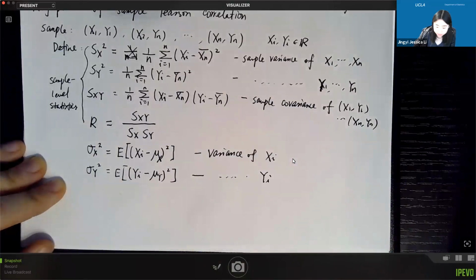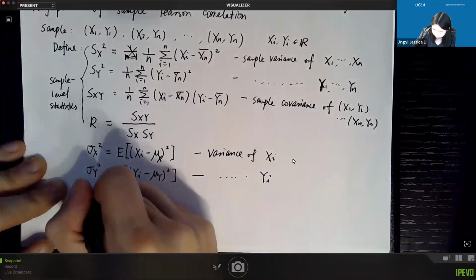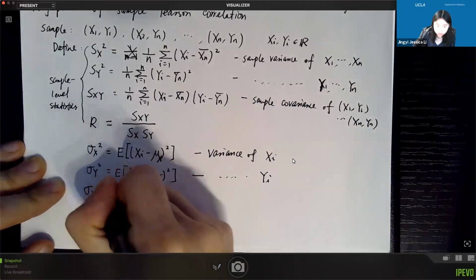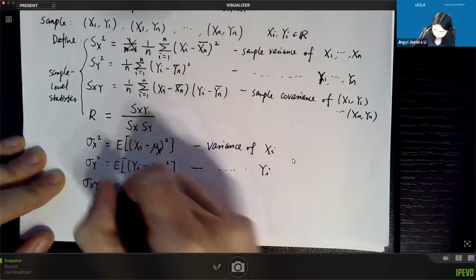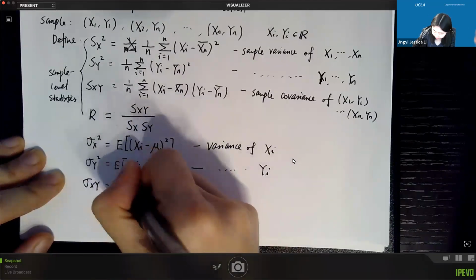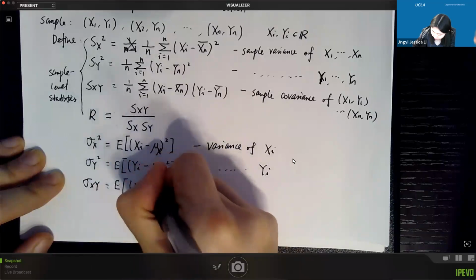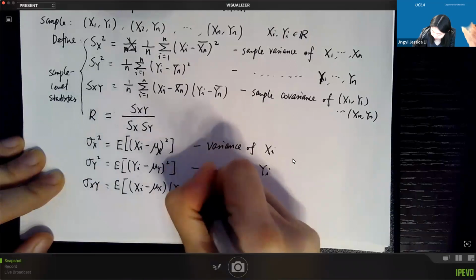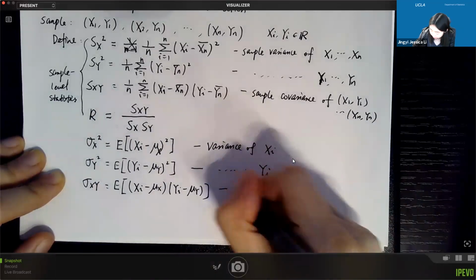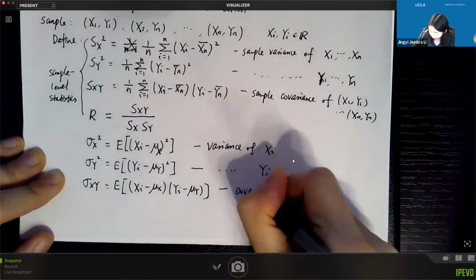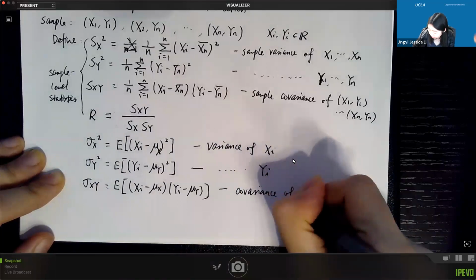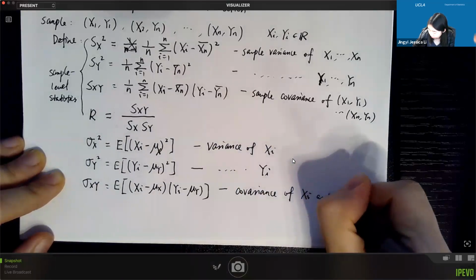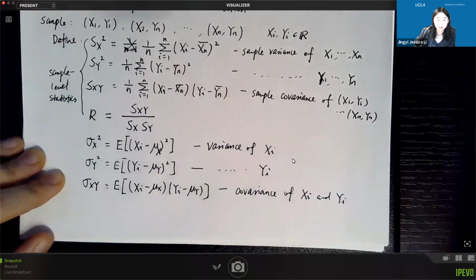And we need a covariance. Here we use the notation sigma xy, defined as the expectation of xi minus mu x times yi minus mu y. That's the covariance of xi and yi, right?